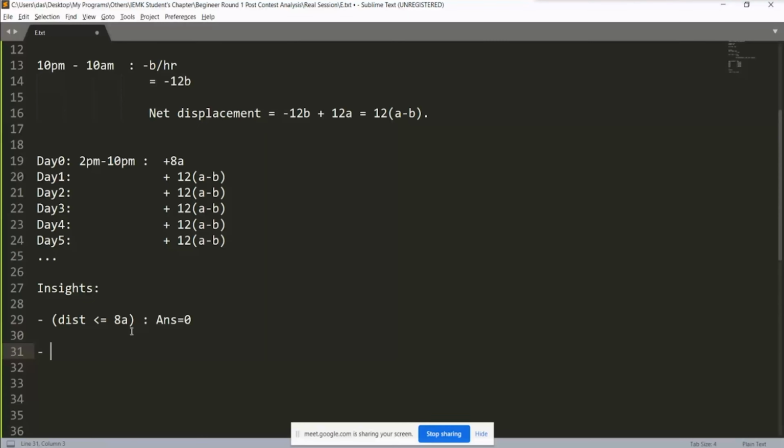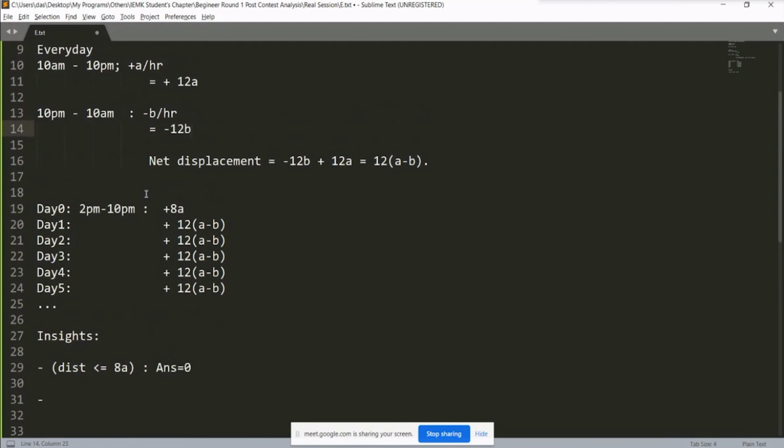Okay, so if it's not the case, if distance is greater than 8A, then what can happen? Another thing you can observe is that from 2 p.m. to 10 p.m. it goes up by 8A unit. After that, night occurs and then morning occurs. So during the night time, it will first slip by 12B unit, and after that it will gain 12A unit.